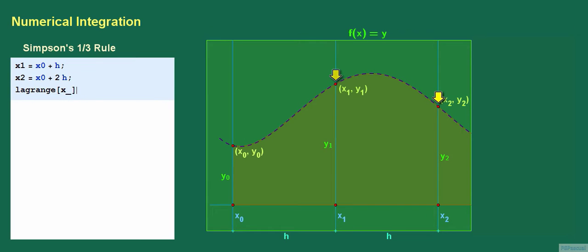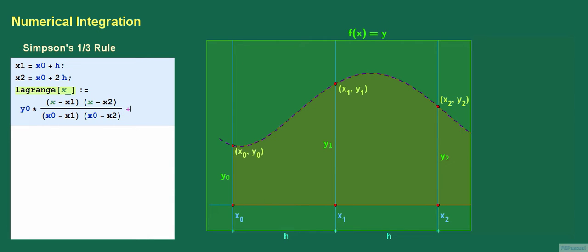Calling our polynomial Lagrange x, it starts out with y sub 0 from the first point, times a fraction. The numerator of this fraction is the quantity x minus x sub 1 times x minus x sub 2. The denominator is x sub 0 minus x sub 1 times x sub 0 minus x sub 2.